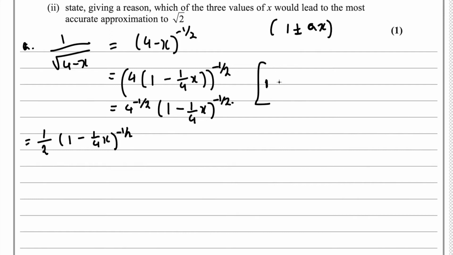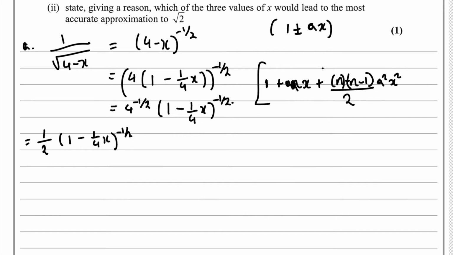You have 1, you add a times the index that you have there, so you have nax. Then you add n times n minus 1 over 2 factorial, which is 2, multiplied by a squared x squared.